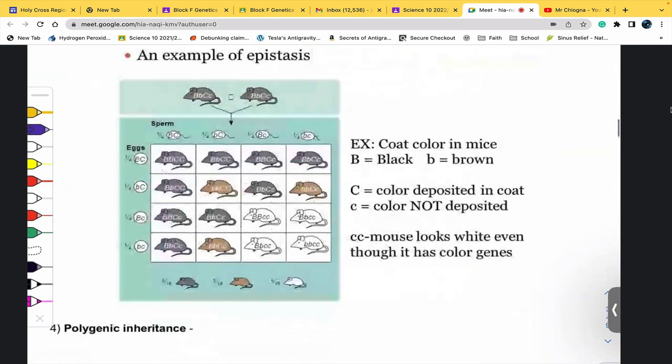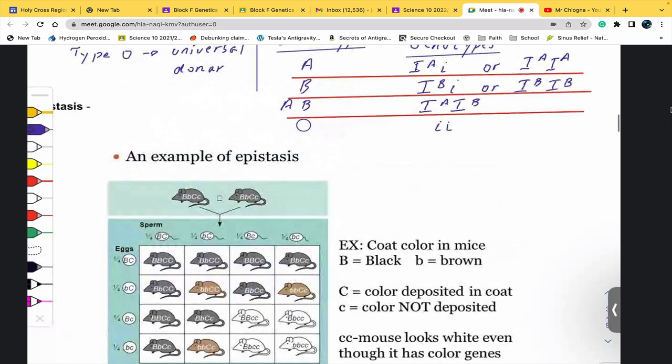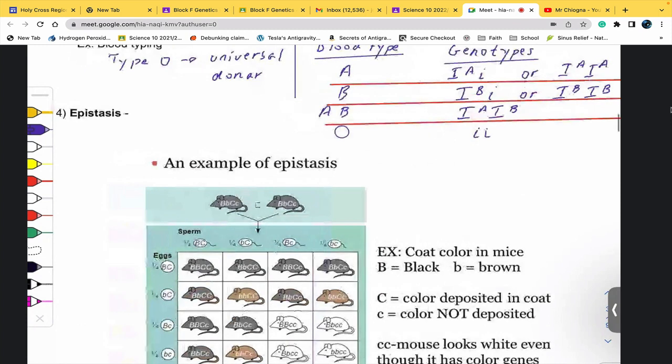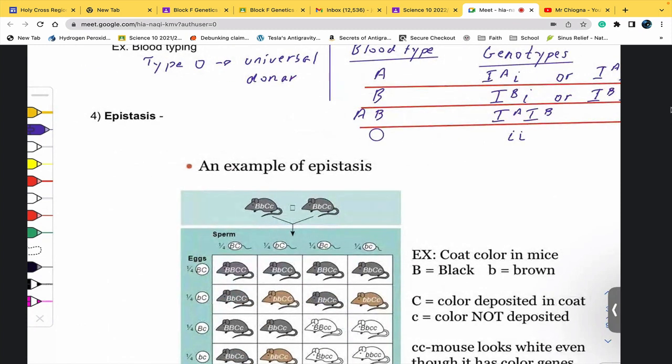Anyways, it's hard to see here, but basically what is epistasis, and I'm running out of room to define it here, but epistasis, if we go over here, I'll define it.